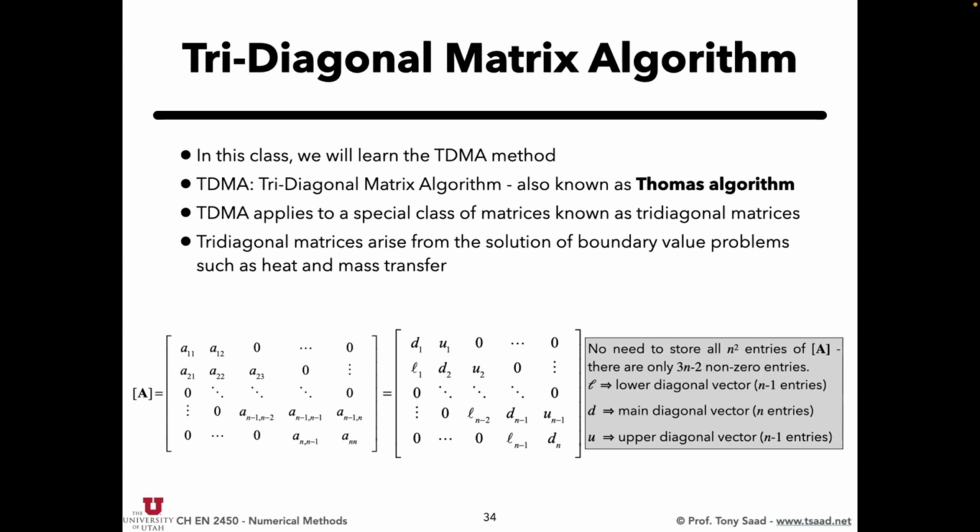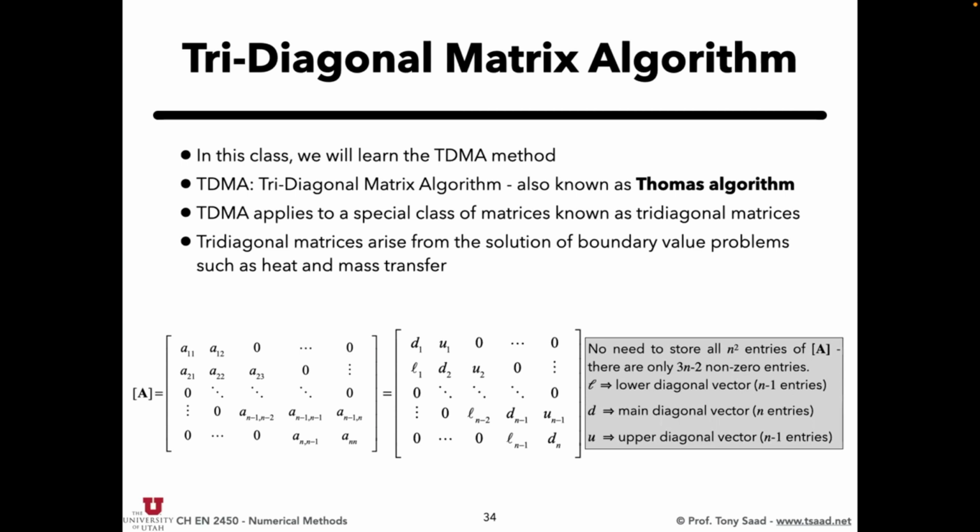So one of the other benefits of tridiagonal matrices is that we only need these 3 diagonals. We're going to call the main diagonal D, the upper diagonal U, and the lower diagonal L. Observe, here I'm indexing from 1. The main diagonal goes from 1 to n.